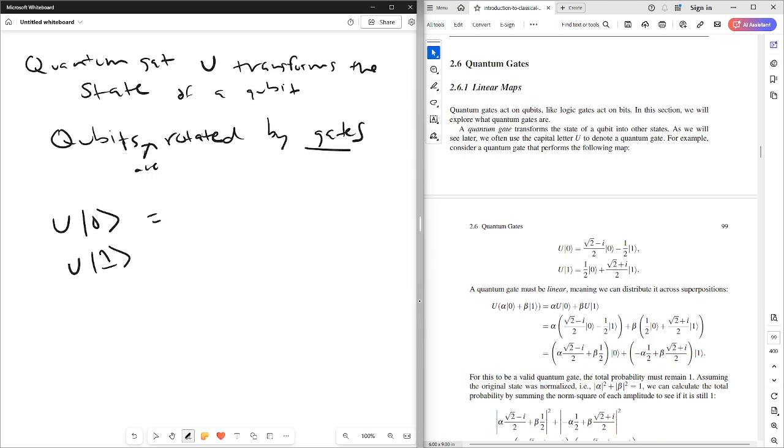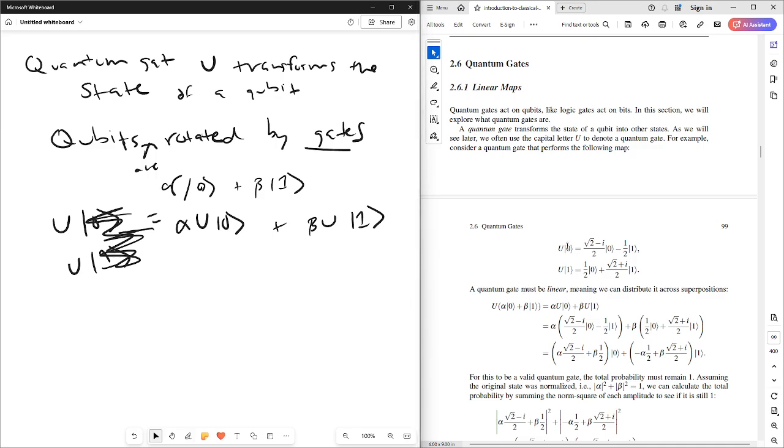So let's say we have just our basic form here. Let's just forget that for a second. Of 1. And it distributes through and directly affects the state.